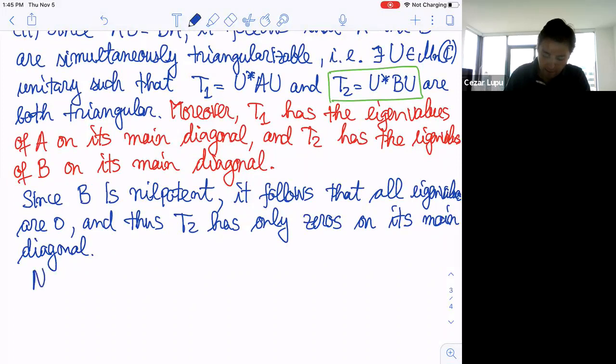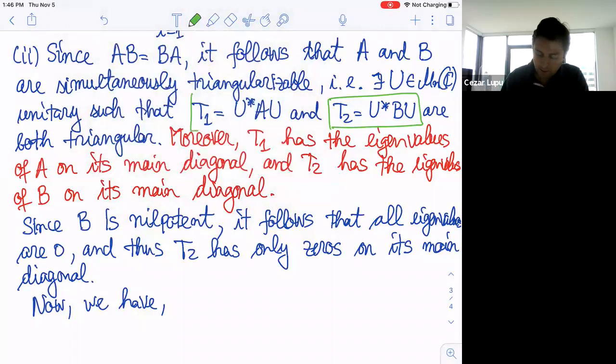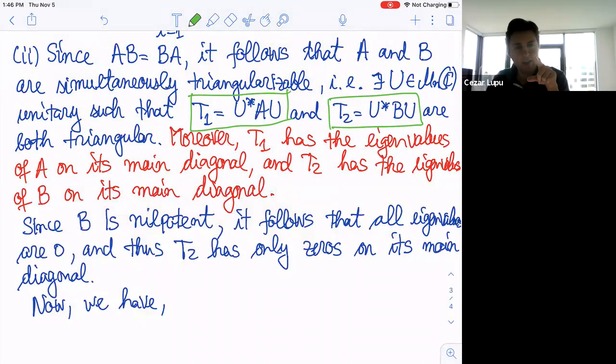Now we would like to get some information about the determinant of A plus B. Look at these two expressions here. I know T1 is U star AU, and T2 is U star BU. Since U U star is the identity, you can multiply by U on the left with T1 and also T2. So we get U T1 is the same as AU.